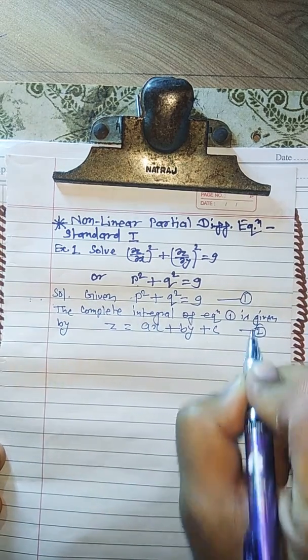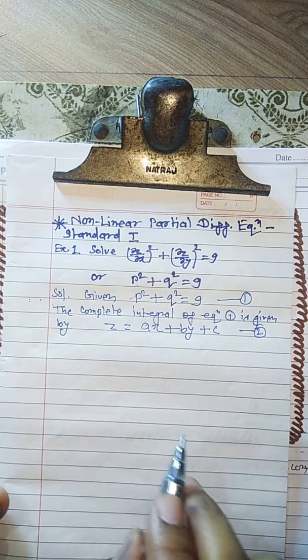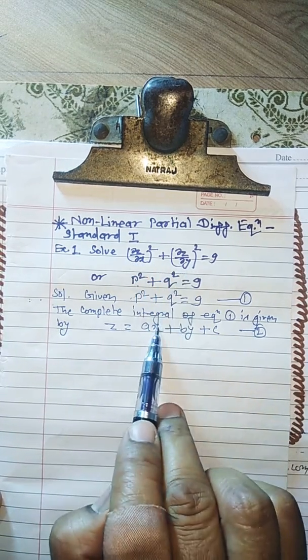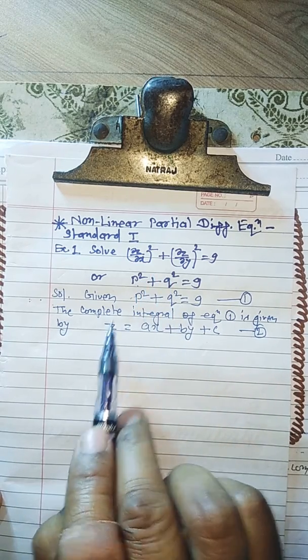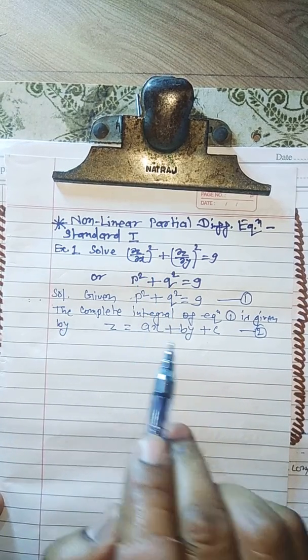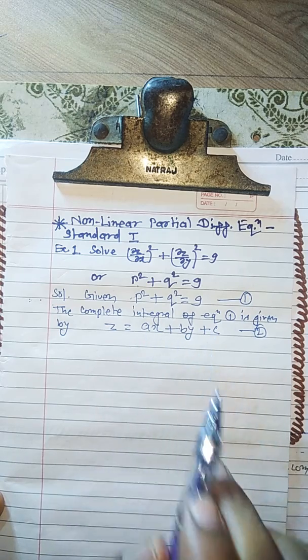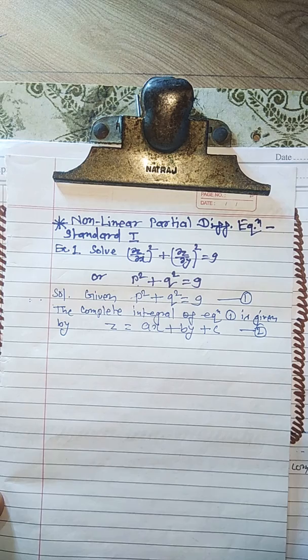Okay, here x and y are two independent variables, z is a dependent variable, and we have constants a, b and c.